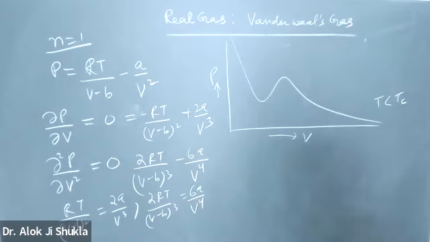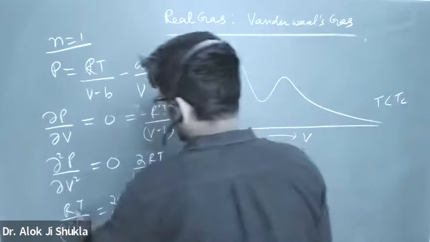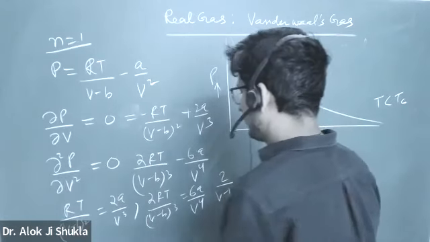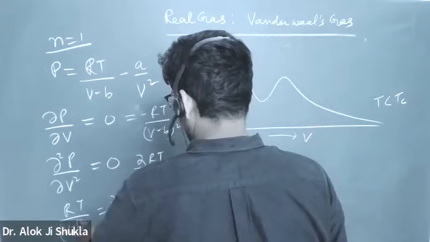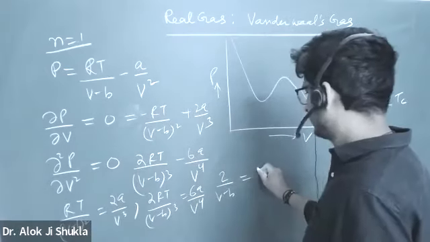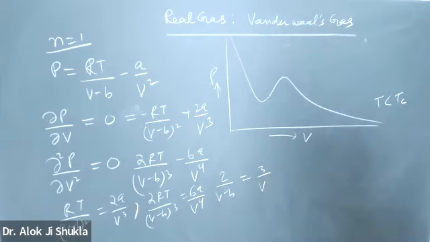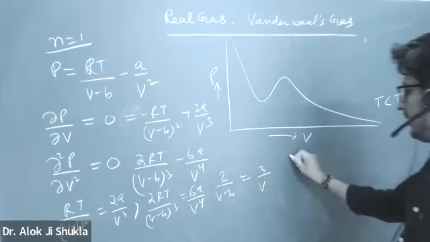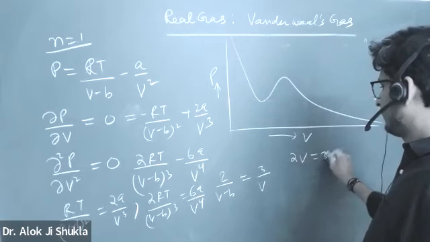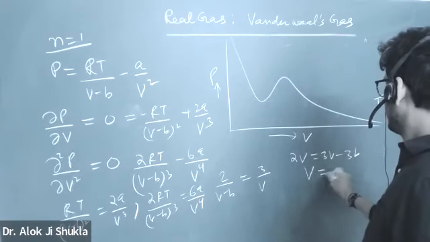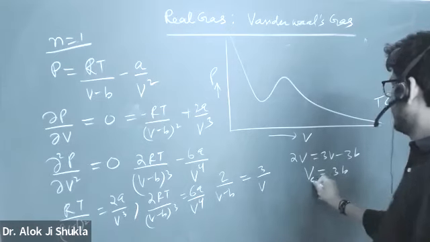Now divide these equations. This upon this, what will you get? 2 by (V minus b) is equal to 3 by V. Cross multiply. So you will get 2V is equal to 3V minus 3b. So V is equal to 3b, and this is called critical volume.